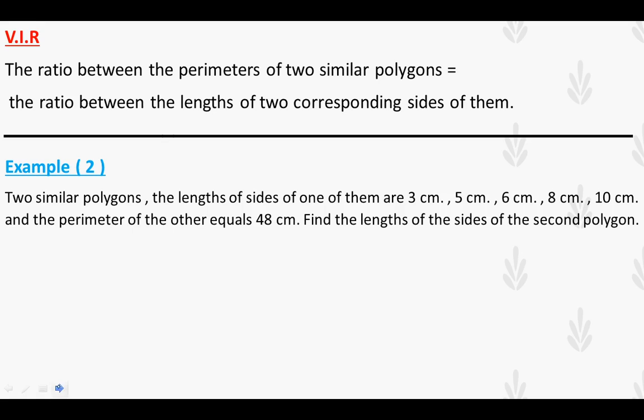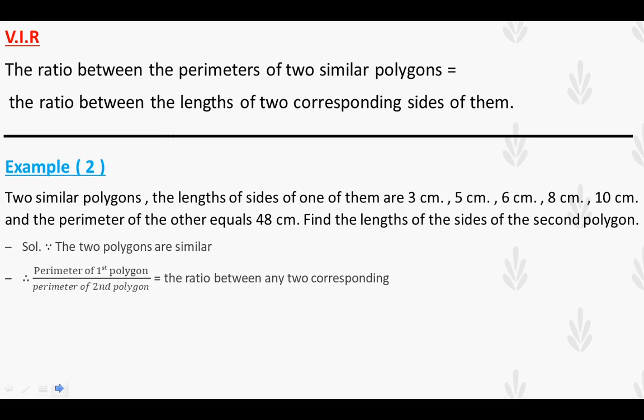Okay, solution. Since the two polygons are similar, therefore the perimeter of the first polygon over the perimeter of the second polygon equals the ratio between any two corresponding sides. So here we know that the side of the first polygon is 3 centimeter, but we don't know the length of the first side of the second polygon.